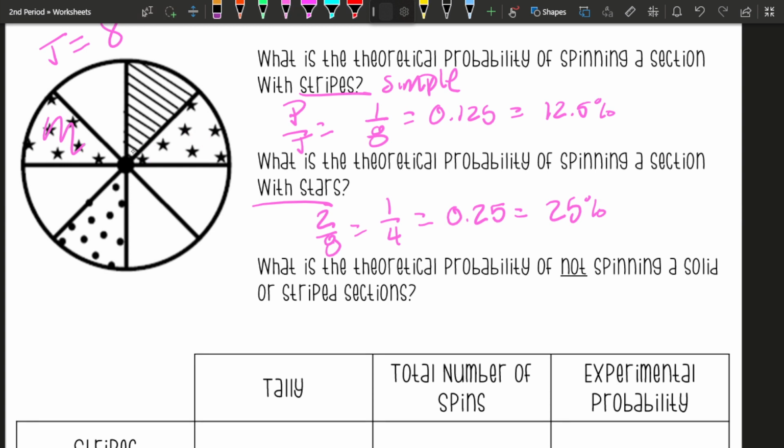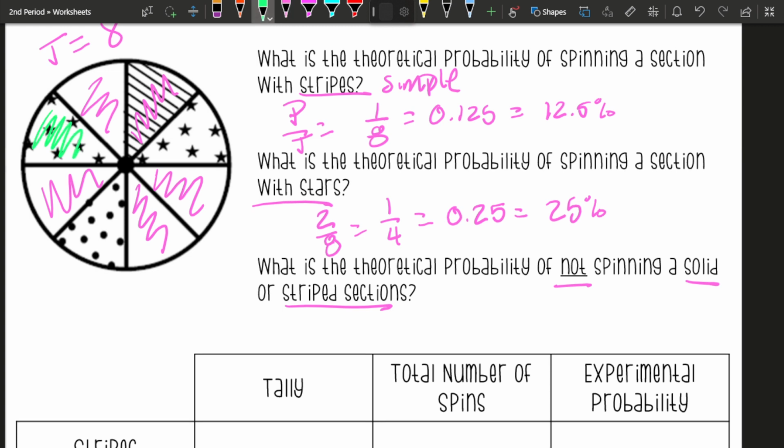Okay? Now the next one is, what is the theoretical probability of not spinning a solid or striped? So how many solids or stripes do we have? 1, 2, 3, 4, and 1 stripe. So how many is that? That's 5, but we want not. So how many are not solid or stripes?